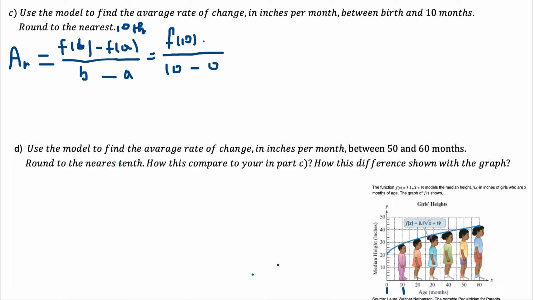Every sign in the second function is going to change because of the minus, which distributes over that function. First, I'm going to plug 10 into the function, whenever it is x, and there's a plus 19.